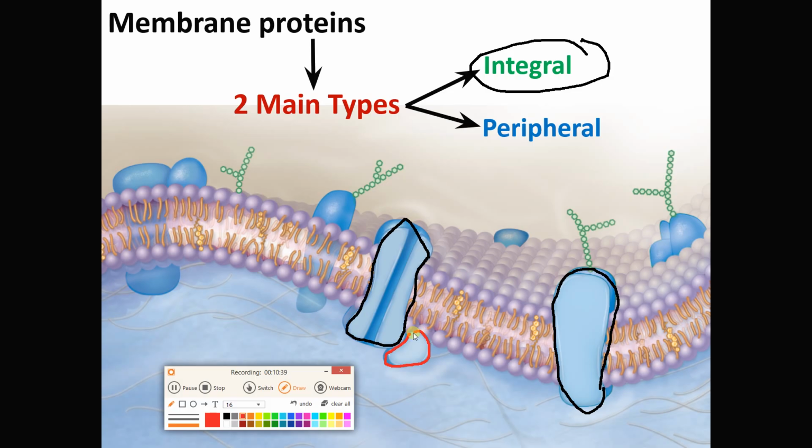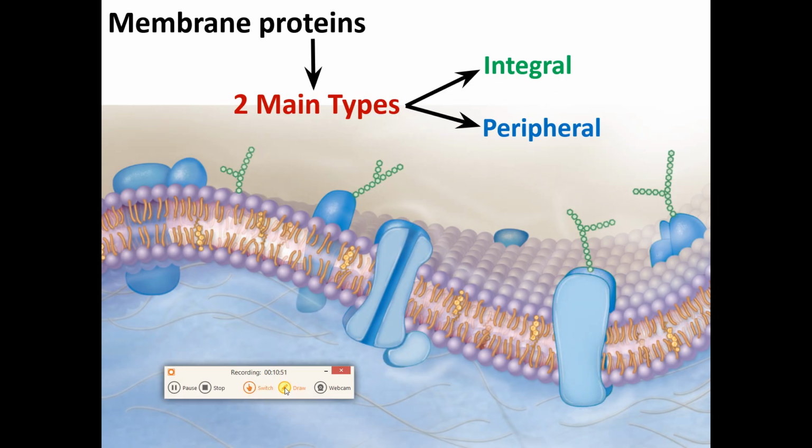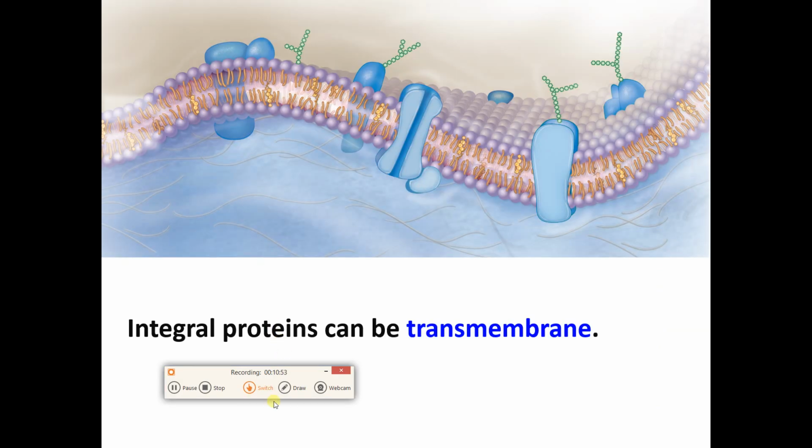He's definitely associated with it, and so he's known as a peripheral protein. So two main types, integral and peripheral. And one way we can describe integral proteins, these two here, is that they are transmembrane, meaning that they go across the entire membrane. And as we're going to see, this lets these proteins have some really neat and important functions.